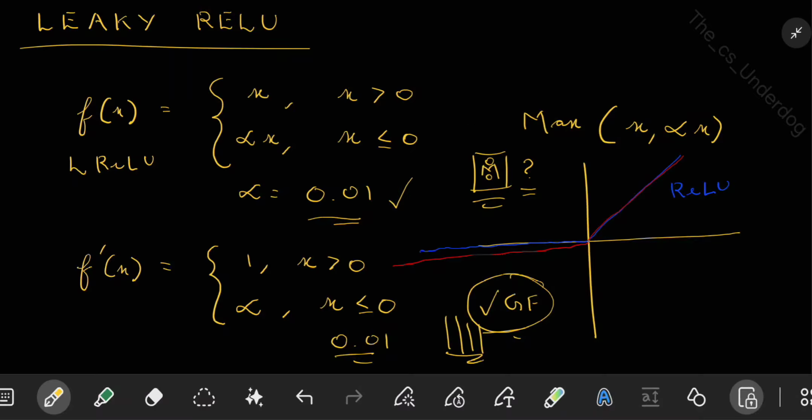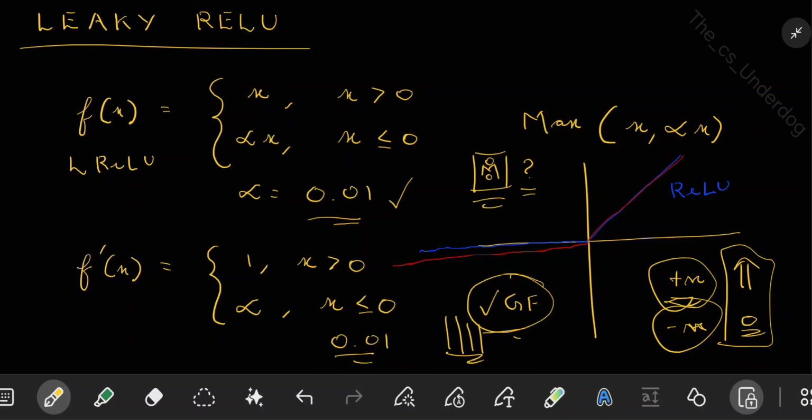Previously, if you got positive values, you always had very good outputs from the ReLU, but whenever it is a negative value, the output always used to be 0. So there is a bias between the positive outputs and the negative outputs. This is where leaky ReLU comes in. It doesn't actually match up, but compared to this, it balances it out. On the negative side, instead of 0, it is giving some sort of an output.